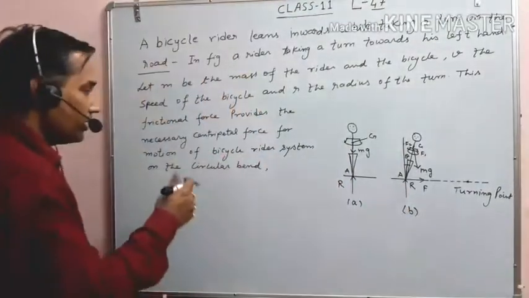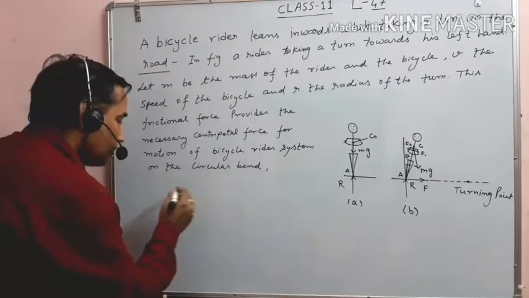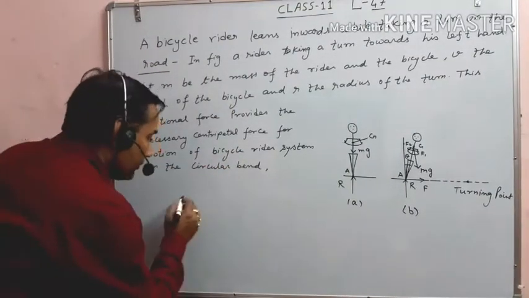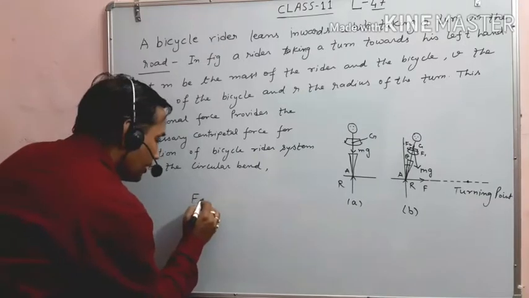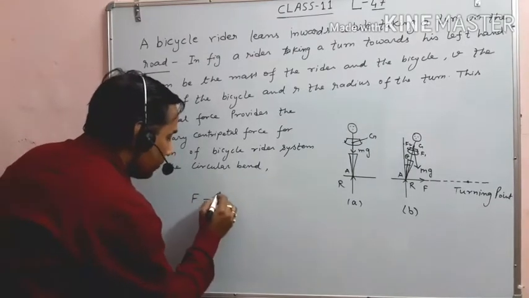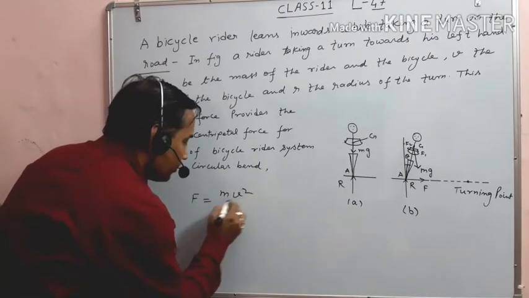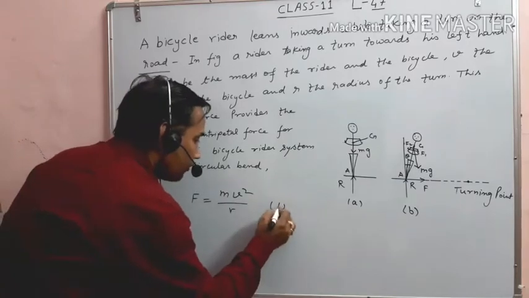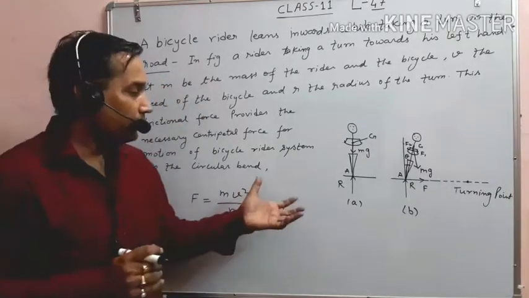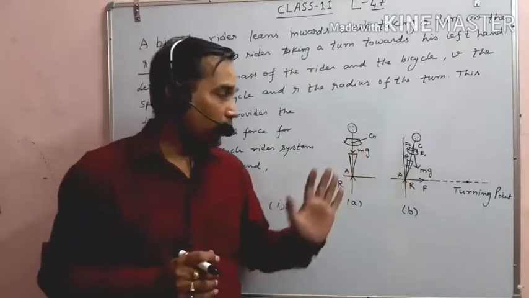So in this situation, when the rider moves on the circular path, the cycle will bend. The required centripetal force F is equal to mv square upon r, which you can gain when moving toward the turning point.